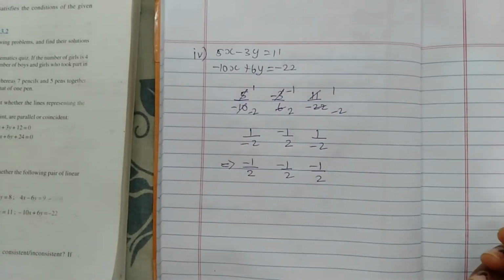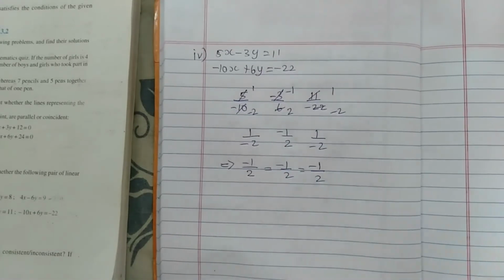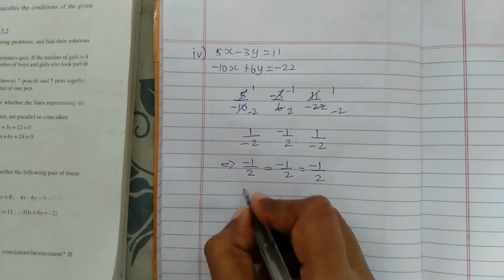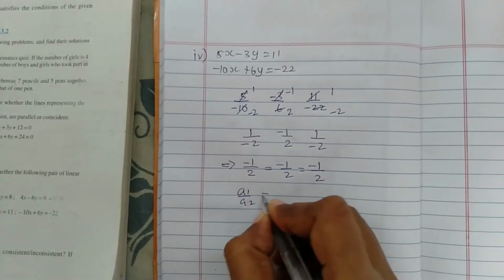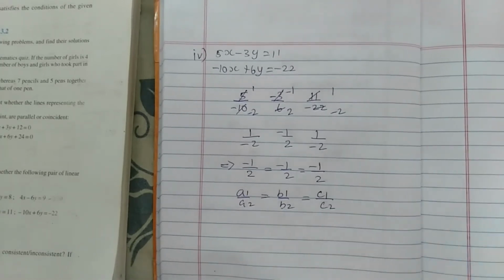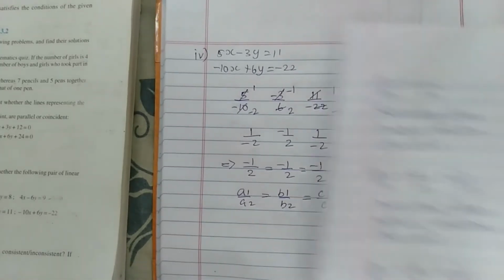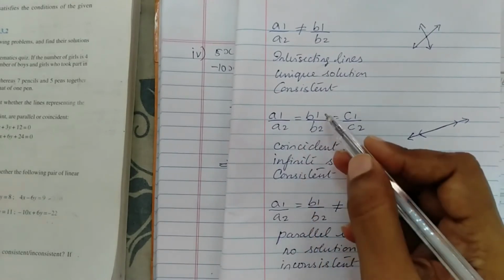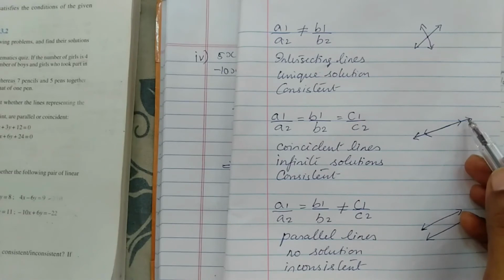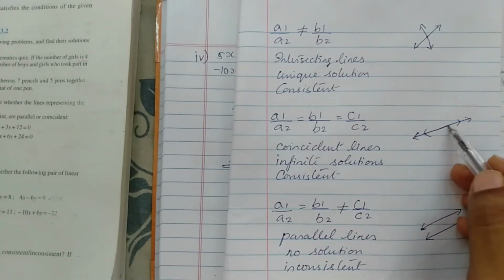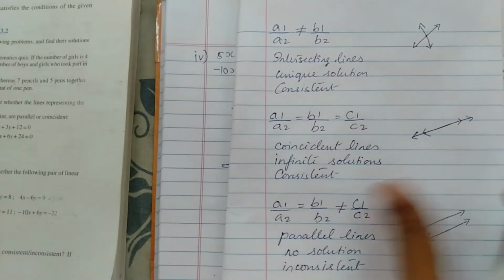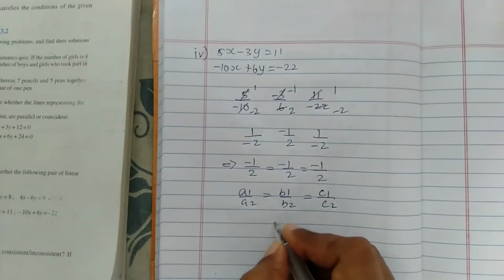What does this say? All are equal to one another. So it means that A1 by A2 is equal to B1 by B2 is equal to C1 by C2. Here A1 by A2 equal to B1 by B2 equal to C1 by C2 will form coincident lines. Then they have infinite number of solutions, which means they are consistent. So these equations are consistent.